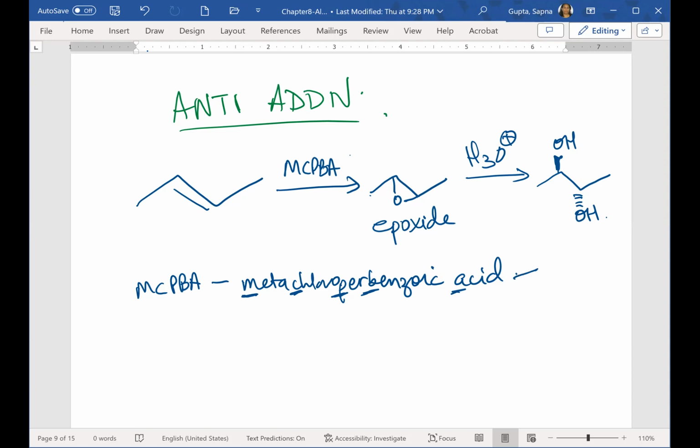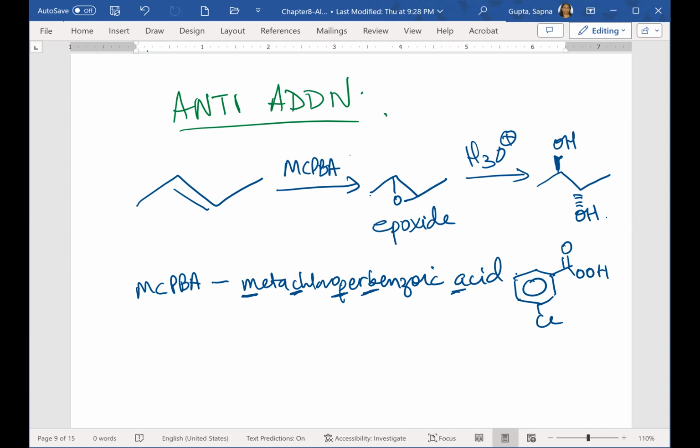So here is the structure. It's a benzene ring. It's a benzoic acid, and I know you've used benzoic acid in your labs already, so you know what that looks like. Benzoic acid has 2 oxygens. When you have perbenzoic acid, it has 1 extra oxygen. So don't be fooled, I have drawn 3 oxygens here on purpose.